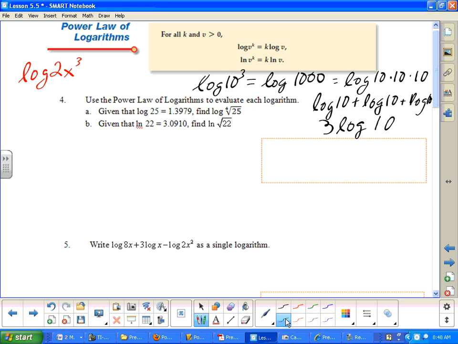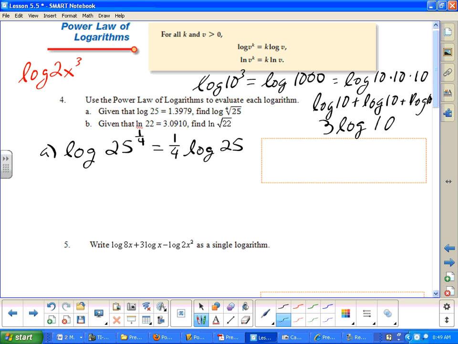So number 4 here, letter A, we have the log of 25 to what power, Paul? Okay, to the 1/4 power. So I can take that 1/4 and move it to the front, and I can do 1/4 log of 25.